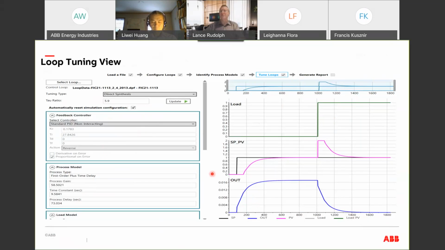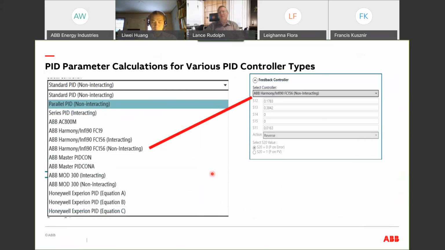The tuning tool also supports different types of tuning, as well as PID algorithms. So in fact, there are standard control algorithms built into the tuning tool, not just for ABB's DCS controller family, but also for the DCS controllers from several competitor systems. This again can be very useful to help if you have to convert tuning constants between different controller families.